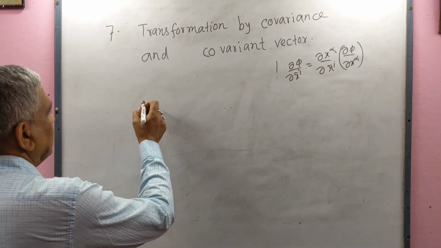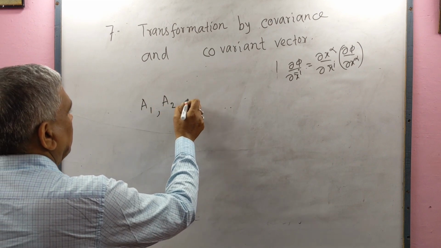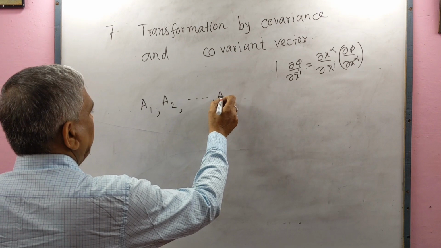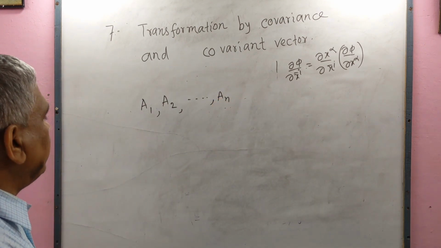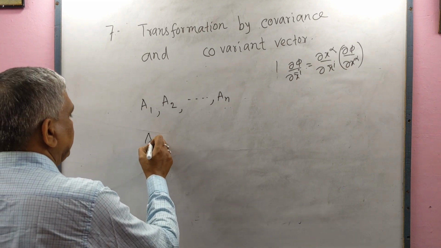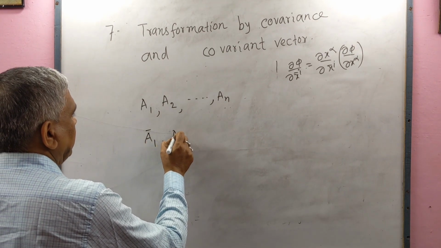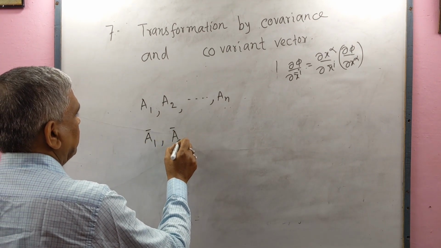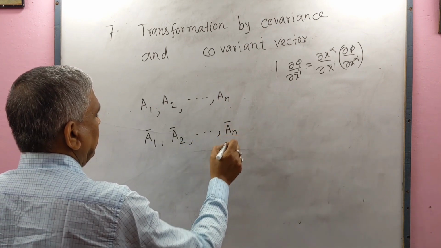Now let A1, A2, ..., An be n quantities in the x system of coordinates. The corresponding quantities in the x bar system of coordinates are a bar 1, a bar 2, ..., a bar n.